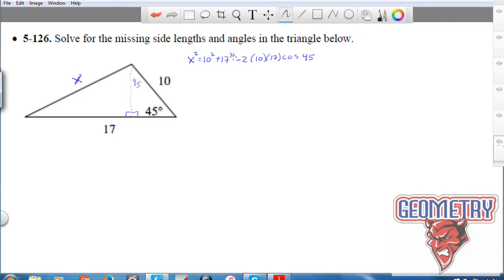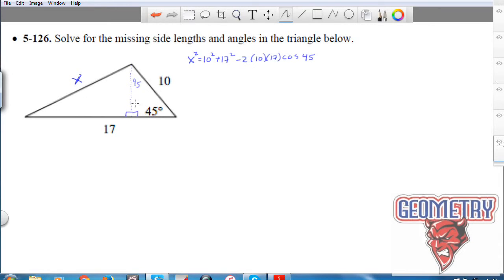So that is the law of cosines. If you're comfortable with that, then that will allow you to find the value of x. And then once you have x, you could set up an inverse law of sines to find the angles, if you're comfortable with that. If not, maybe you'd rather work with right triangles.